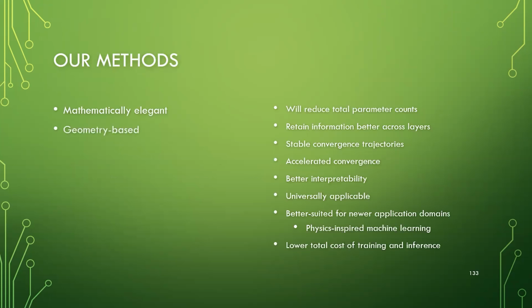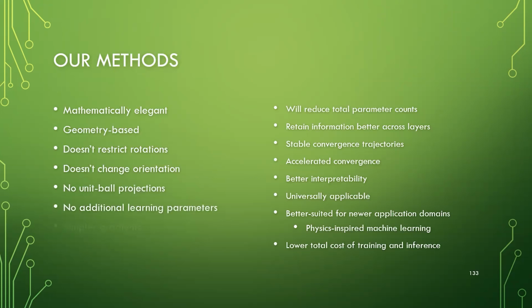My formulation doesn't restrict rotation like the max norm does. It doesn't change orientation, there is no unit ball projection, and there are no additional alphas and betas. My method has simpler gradients. When you project all these computations to a unit ball, you are essentially losing information, so we don't do those kinds of things.